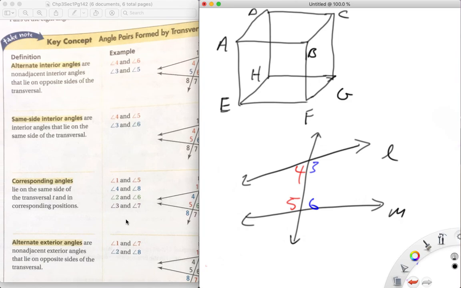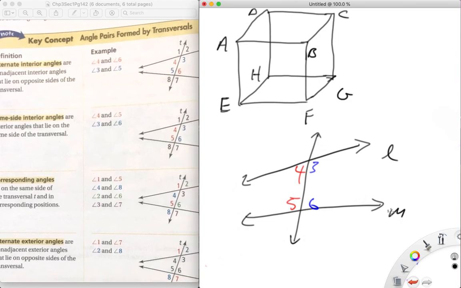Then we have something called corresponding angles. Actually, before we get to corresponding, let's do alternating exterior. 1 and 7, 2 and 8.